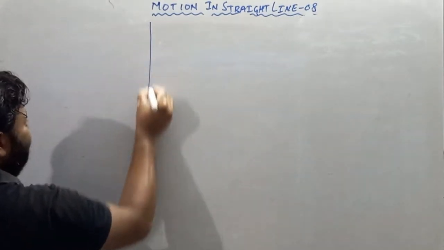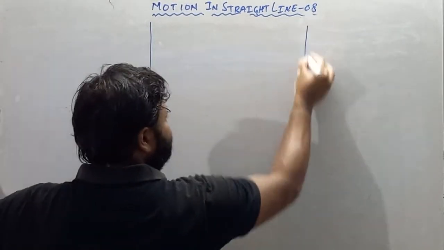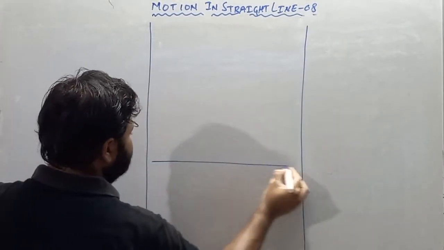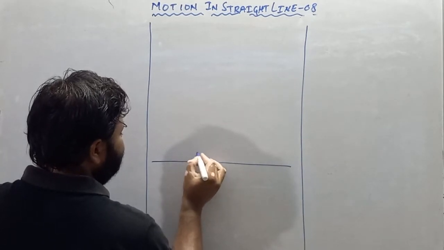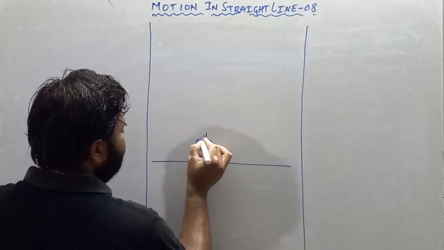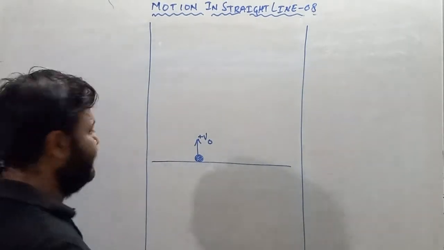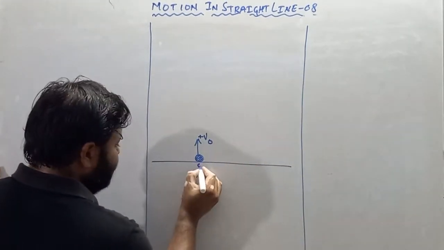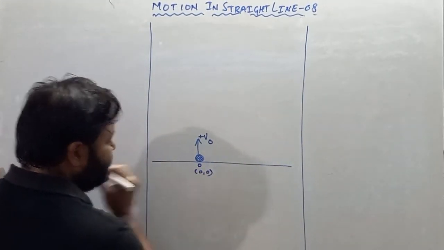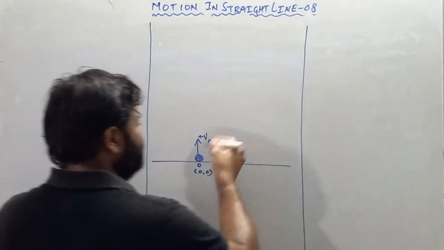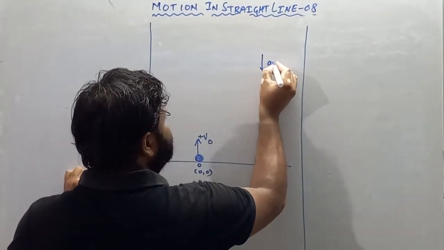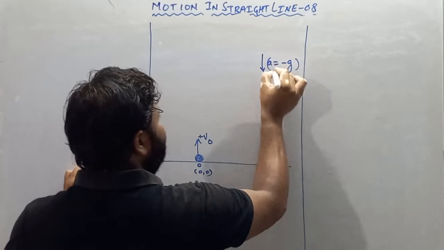So see, my dear student, if a particle is thrown, it means we are giving some initial velocity to the particle. Our initial velocity is plus v naught. I already told you this point is considered to be origin where all the value is 0, so 0, 0. Only acceleration which is acting on the particle is minus g.